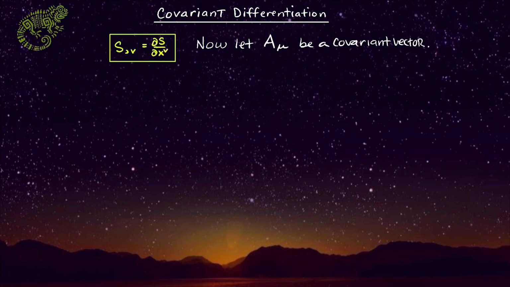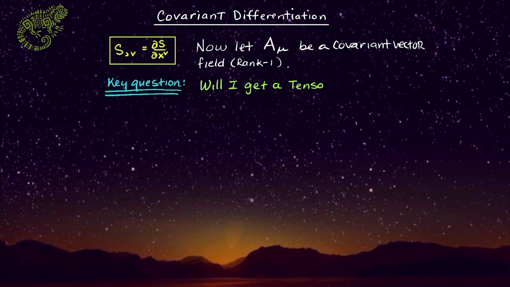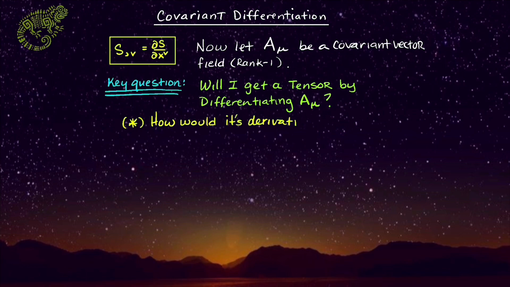Now we let A mu be some covariant vector, a covariant vector field of rank 1. The key question we'll ask here is, will I get a tensor by differentiating this vector? How would its derivative change under a coordinate transformation?